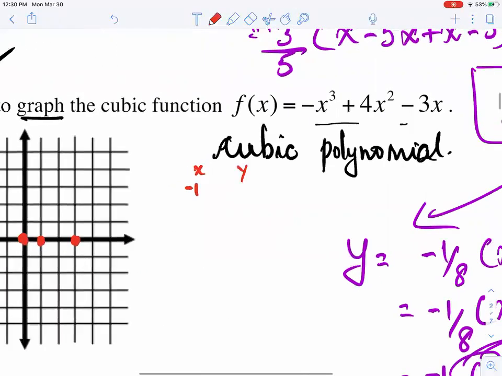You're going to plug it in here, and tell me what is the y value. Okay, go ahead. You guys find the y value.